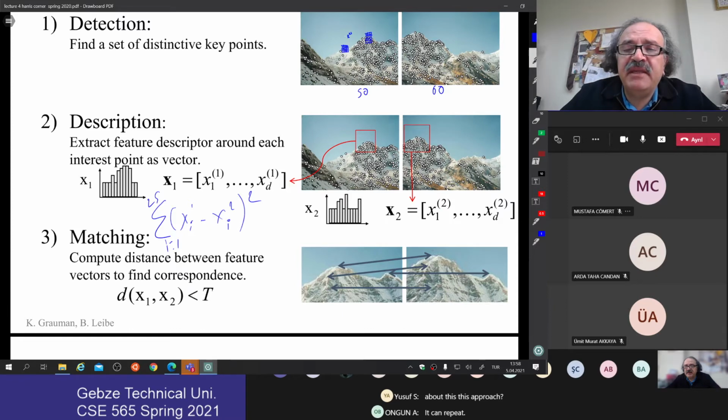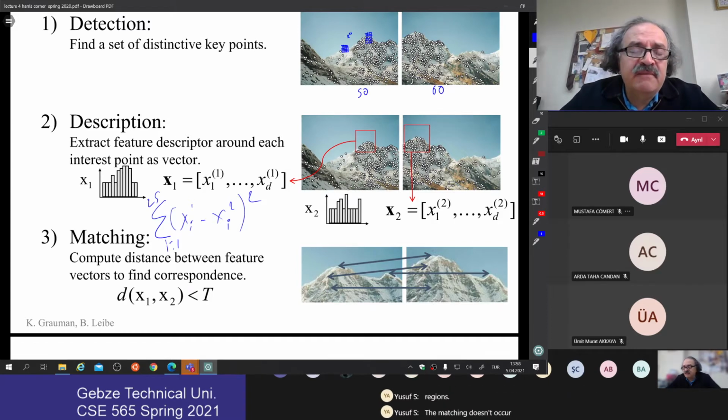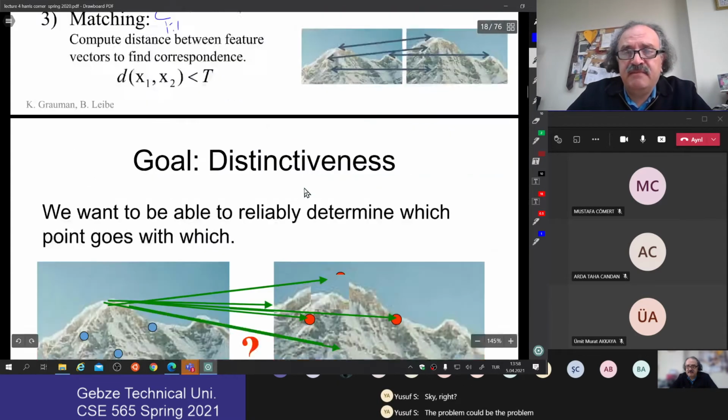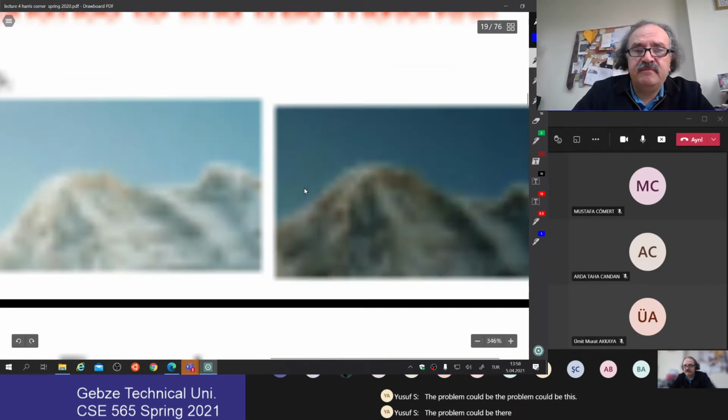Yeah, you are saying that for the constant regions the matching doesn't work, but for the constant regions I don't pick any key points anyway, so you don't see any key points on the constant regions. There are no key points coming from the sky, right? The problem could be this.